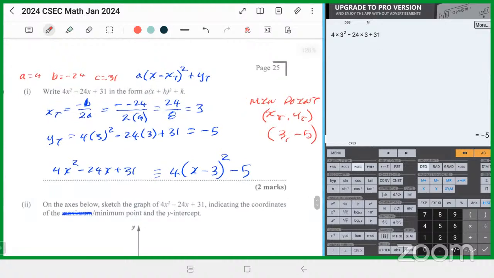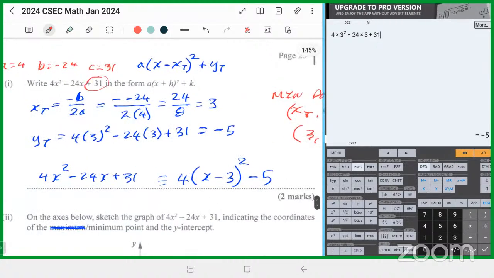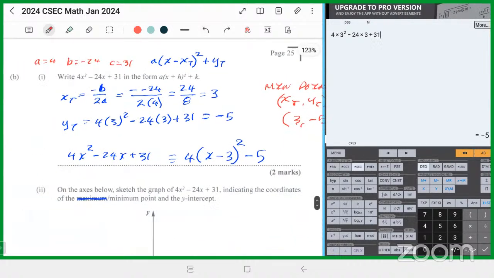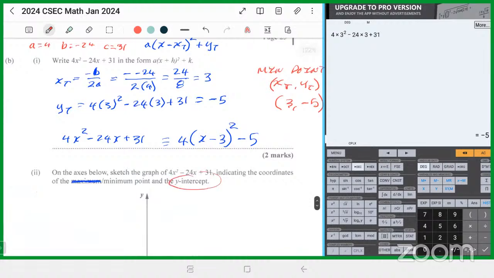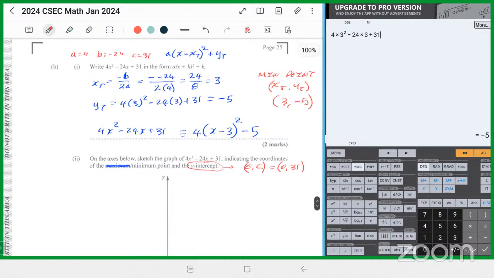Additionally, this 31 would be a y-axis intercept, and the question is also asking us for that. The y-axis intercept is always 0 and the c value. The c value is 31. So that is 0, 31. And this is just a sketch, no scale there.